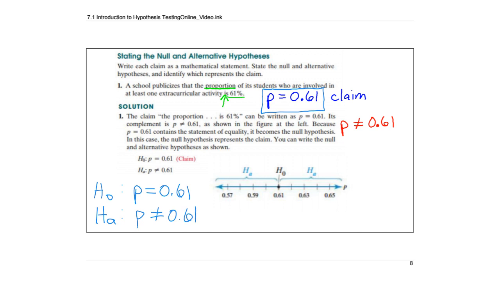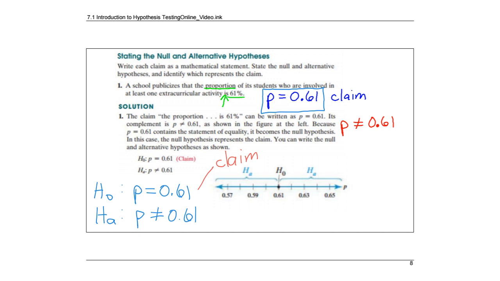All right, then they say, okay, which one is the claim? Well, the claim is what the school said. So since the school said that P is equal to 61%, that means that our null hypothesis, the first one, is going to be the claim. All right, so let's look at what this looks like with a number line. They're saying period, 61%, right? They're not saying less than 61%.